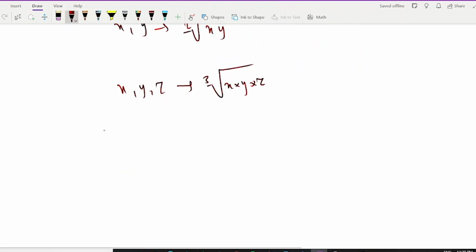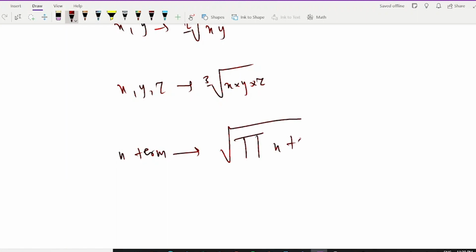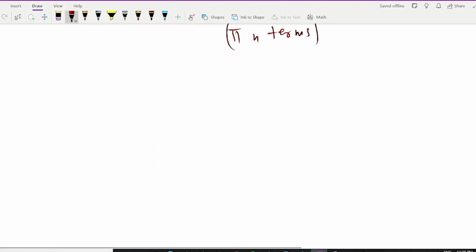Generalizing this concept, we can say that if you are given n terms, then the geometric mean for those n terms will be equals to the product of n terms to the power 1 by n.